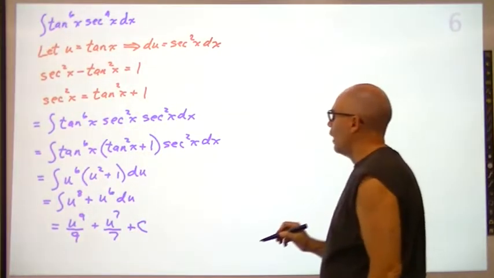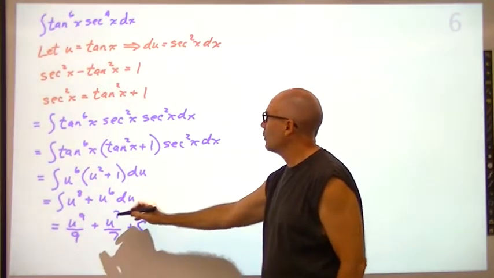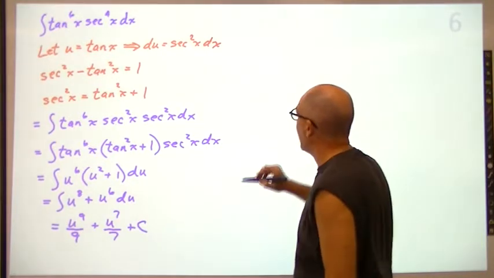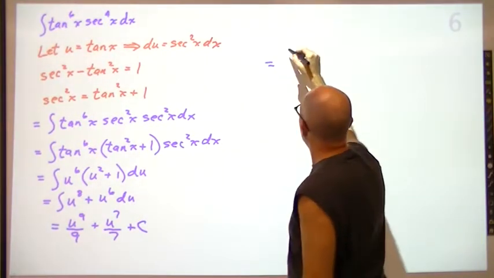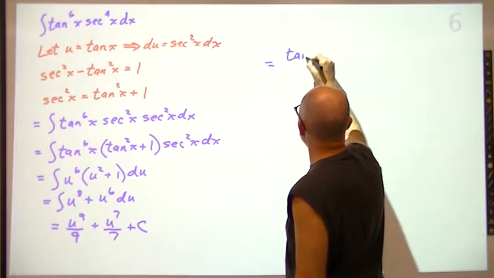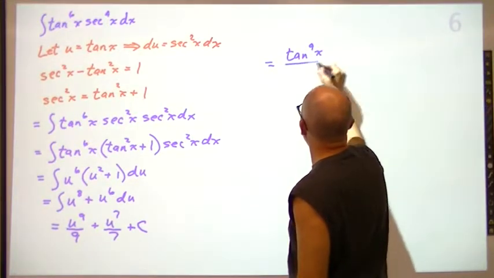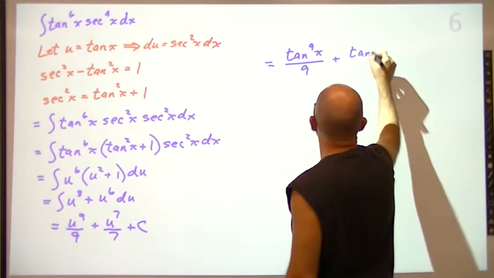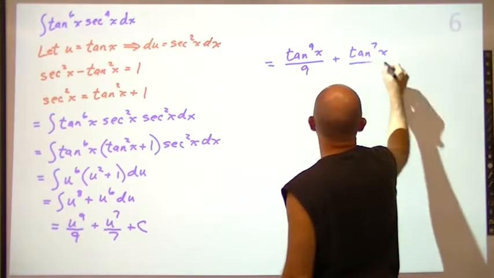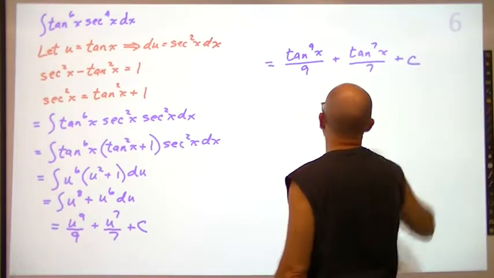Okay, so for our final answer, we're going to put our tangents back in here. So this whole thing equals tangent to the 9th x over 9 plus tangent to the 7th x over 7 plus c.